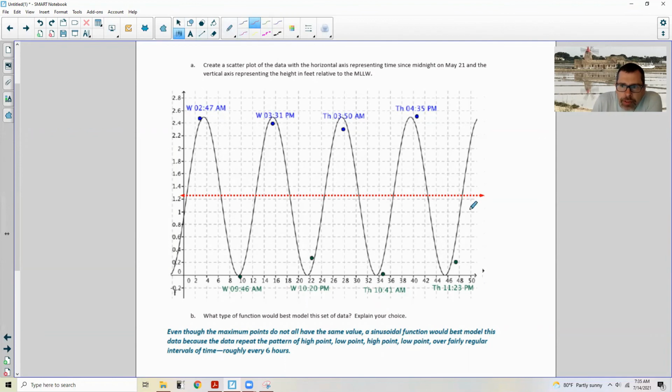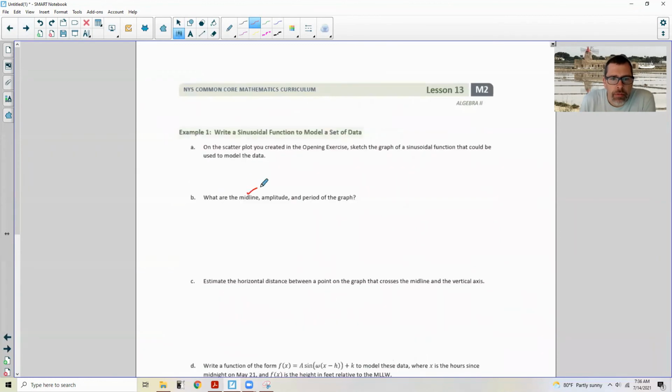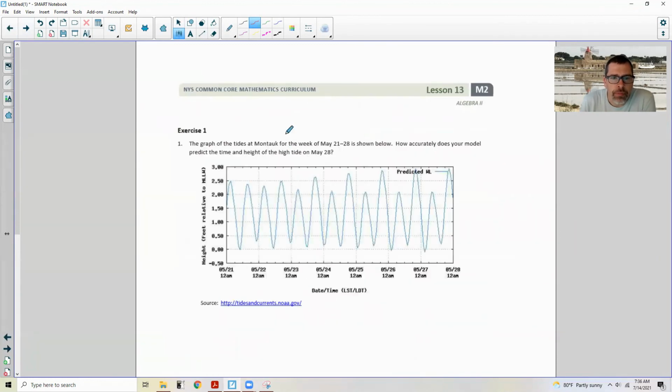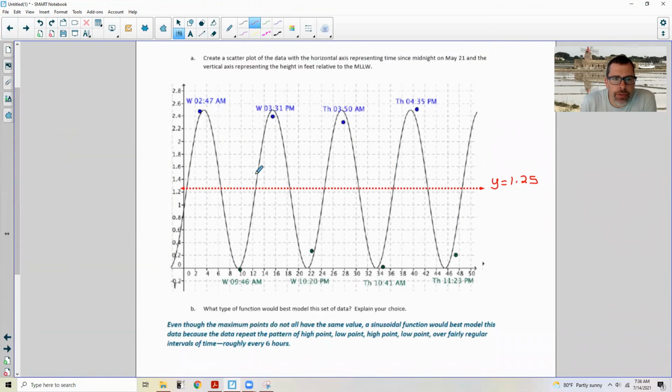So there is my midline. And how about I label it? y equals 1.25. There's my midline equation. Okay, so midline. Amplitude. All right, so amplitude is how far up it goes and how far down it goes.